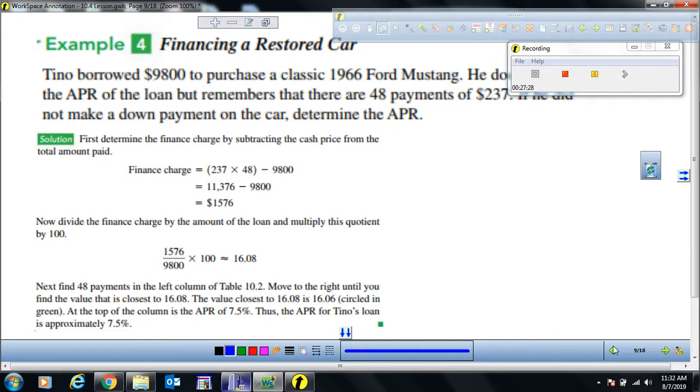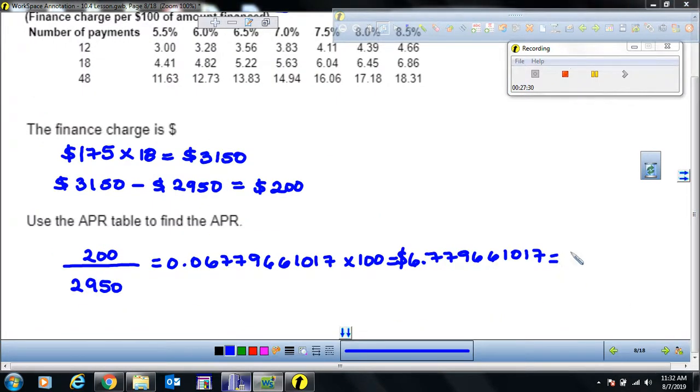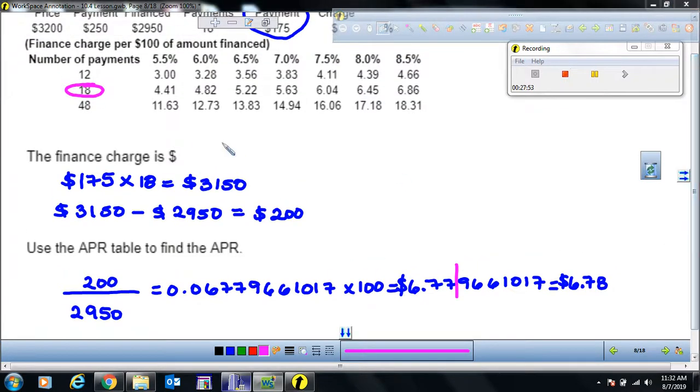So $6.78 if you round to cents. Now I'm going to look in my table for 18 months with 6.78. You may see that in the row of 18 months, there's no 6.78. But the closest number of dollars to this one is right here.